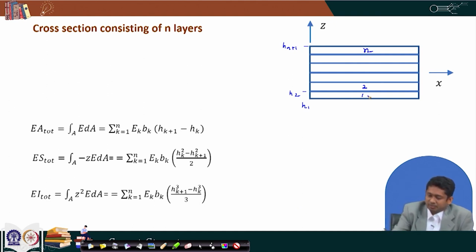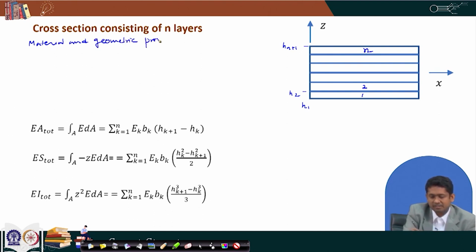Now, here within each layer, the material and geometric properties in a layer do not vary.